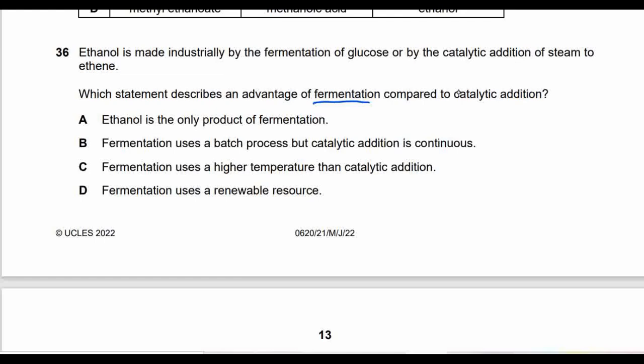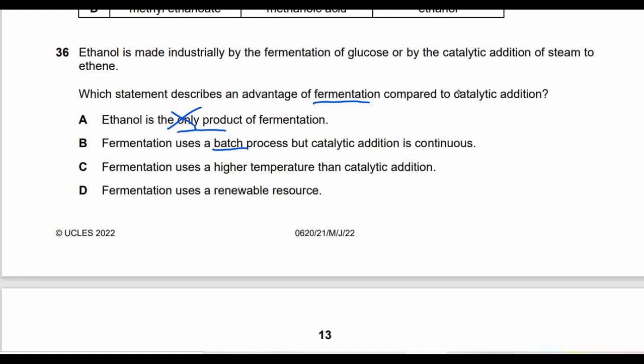No, but ethanol is not the only product there, because it's using yeast, so there will be carbon dioxide. So ethanol is not the only product. Fermentation uses a batch, but catalytic is continuous, so uses a batch is not an advantage because it will be a slower process.